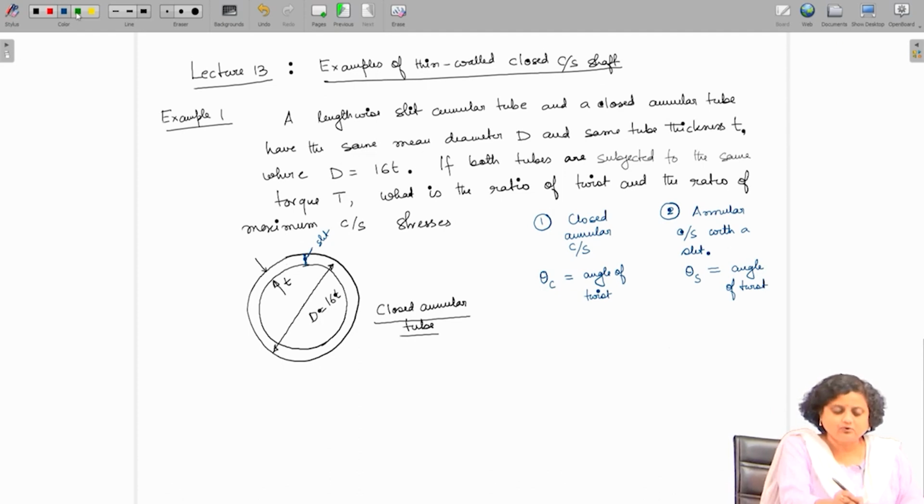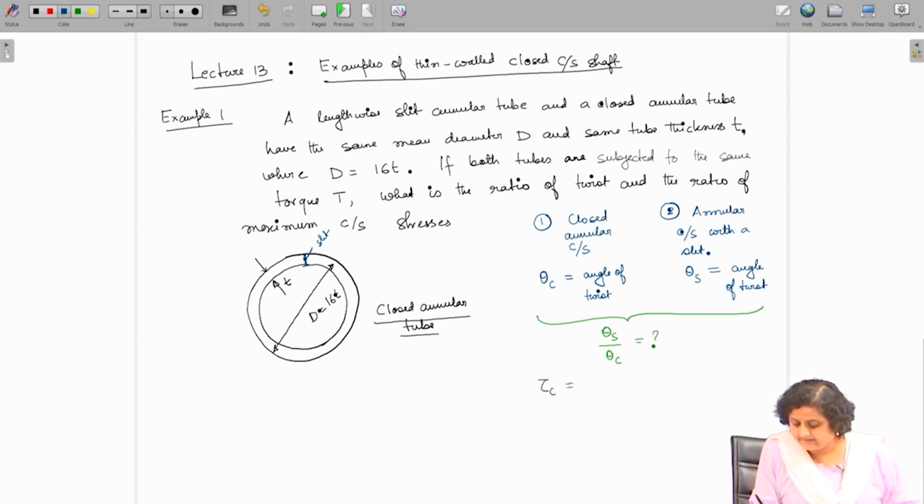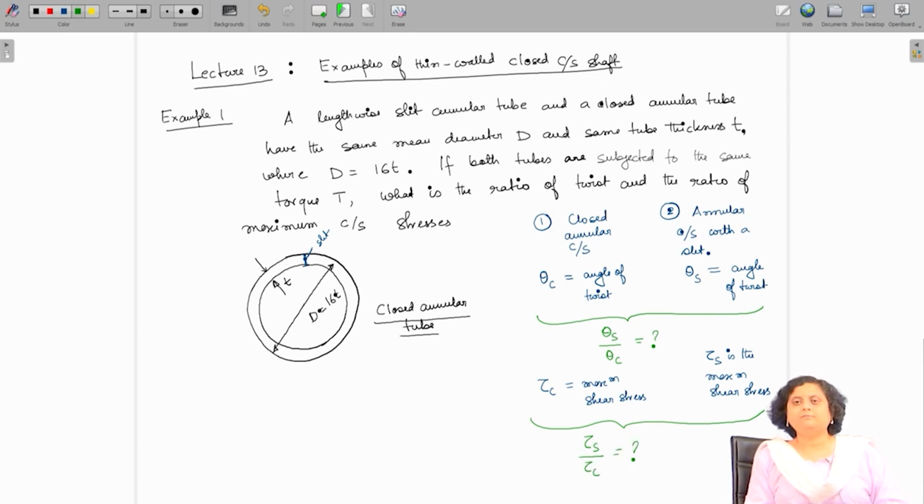The first thing we need to find is the ratio of theta S by theta C. The second thing is, if tau C is the maximum shear stress here, and tau S is the maximum shear stress there, then we need to find the ratio of tau S by tau C. So, this is what the problem asks for.